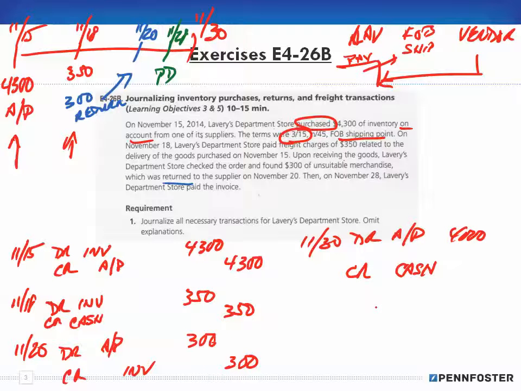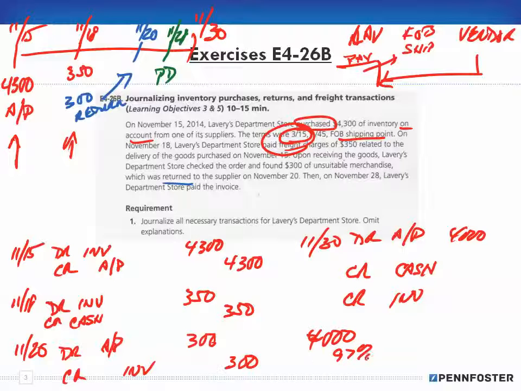But how much cash are we going to pay? Well, we're not going to pay the full 4,000. And remember, debits have to equal credits. We're paying on 11/28, which fell within the discount period of 3/15. So we're going to have to adjust our inventory by crediting our inventory for that 3%. Well, if we have $4,000 and we're taking a 3% discount, we're only going to have to pay 97%.